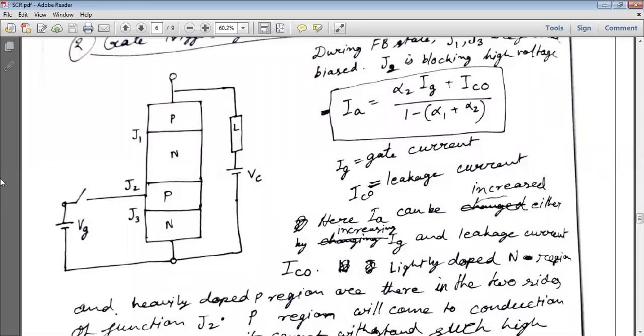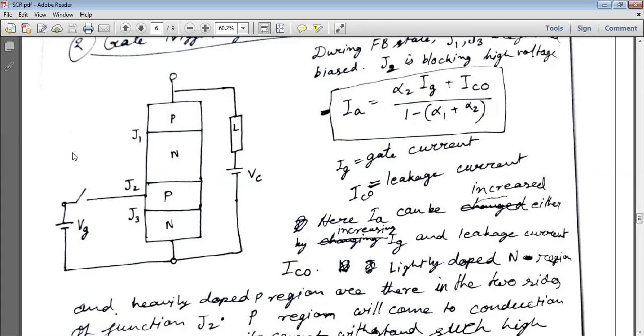Now from the above formula, with the increase of gate current, anode current will also increase. So IA is also controlled by the gate current. This is the reason SCR is also known as a current controlled device. Here the gate current is controlling the conduction.